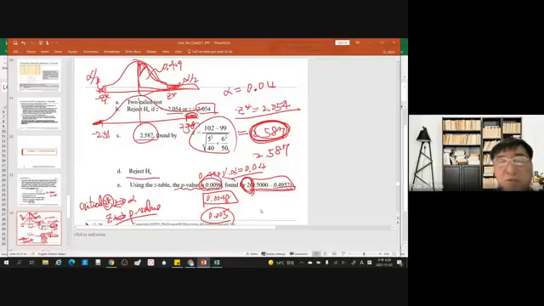Or instead of this one, you need to use integration. Integration from 0 to z star, z value, of your normal distribution function. This integration is done by computer, Excel. Excel will calculate the z distribution. Okay. I have mentioned this already.